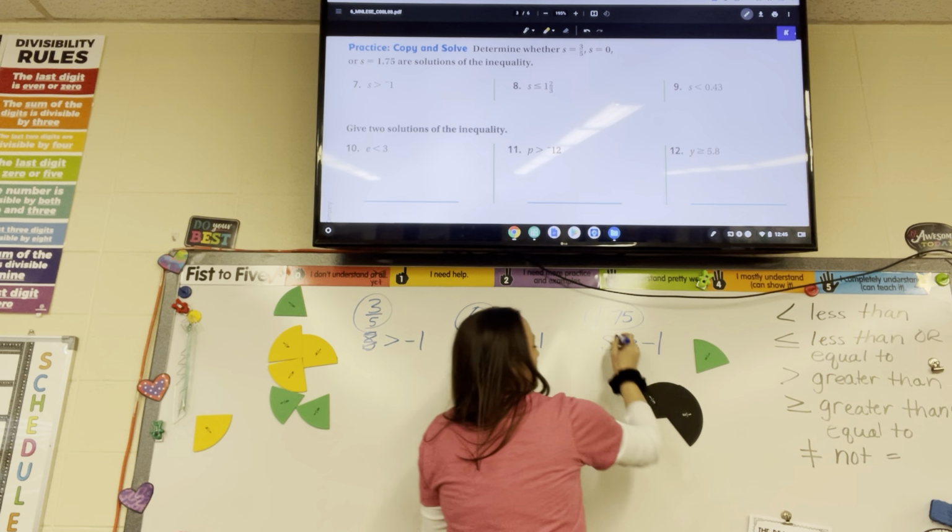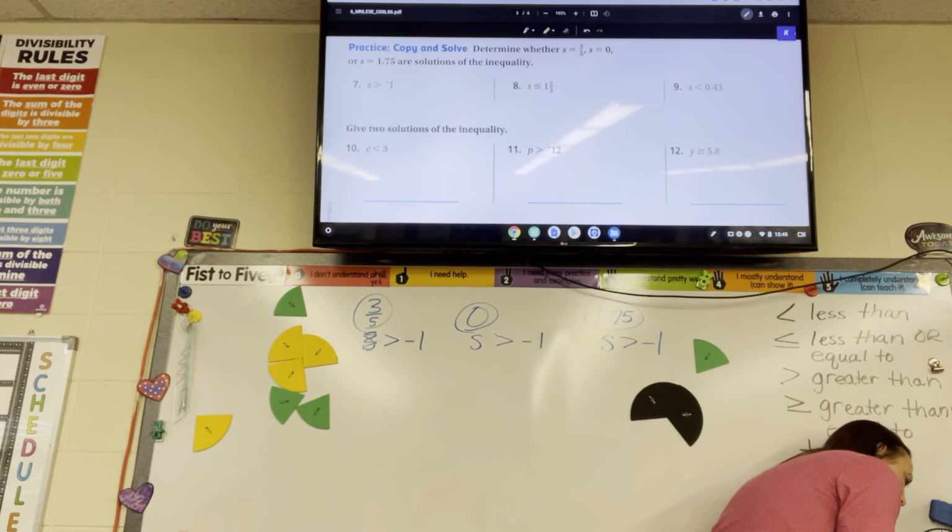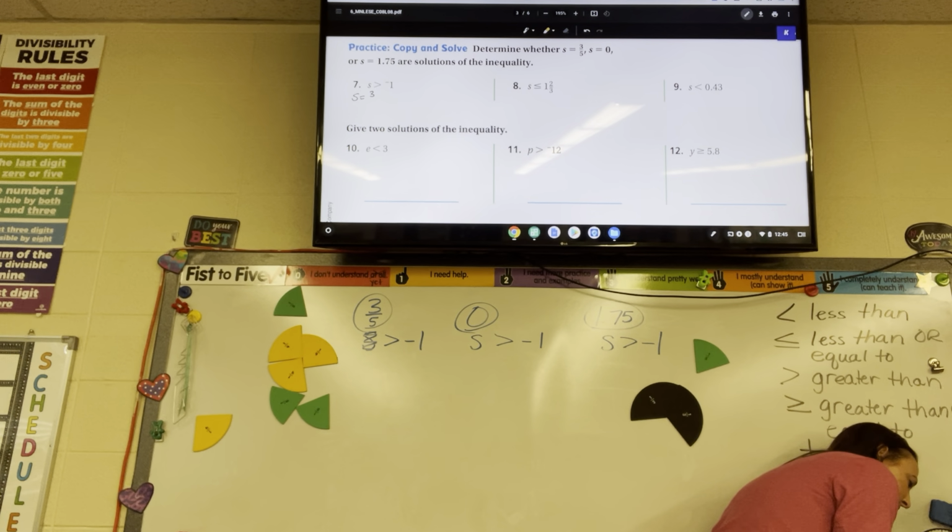Yes. So here's how you're gonna write this. S equals 3/5, write this down. S equals 0 and S equals 1.75 are all solutions.